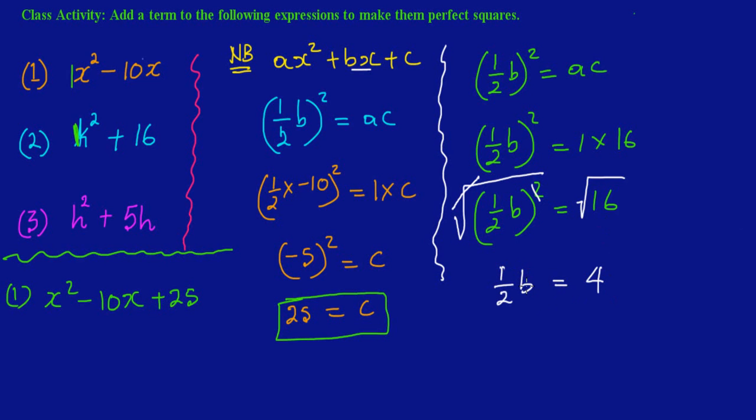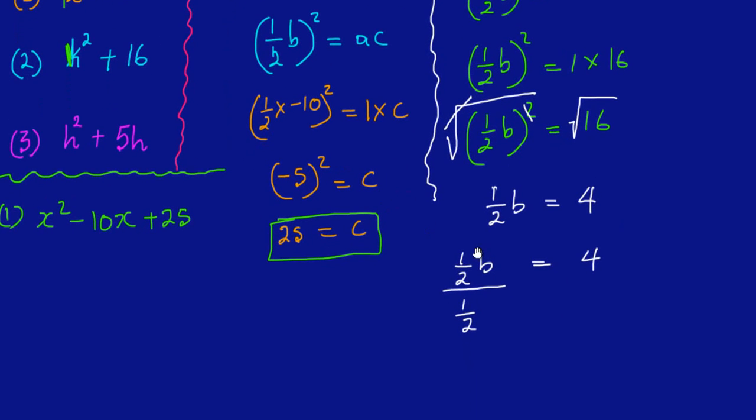I need to make b the subject. A half is multiplying b, so a half of b is equal to 4. Since it's multiplying, to make b the subject, I must divide through by a half. What I do to one side of my equation, I must do to the other side.